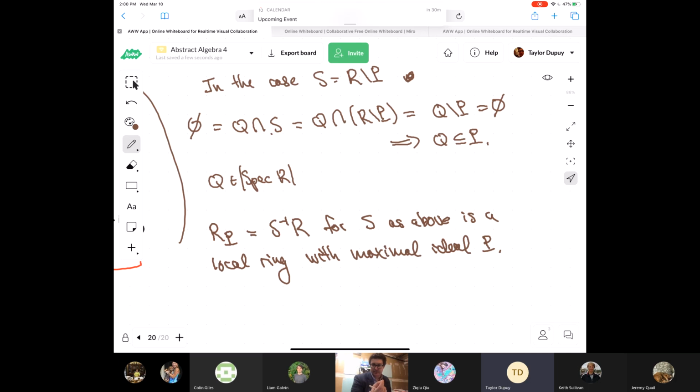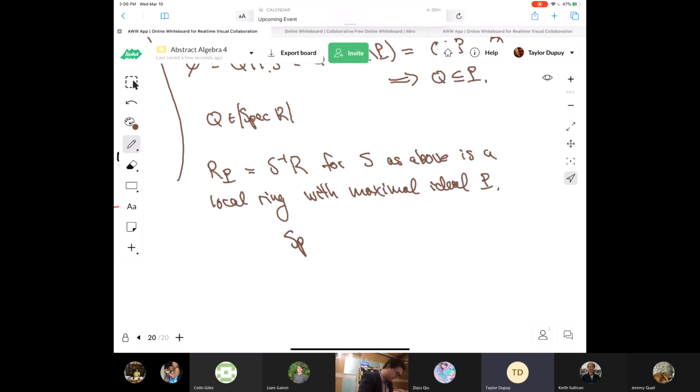There's only one maximal ideal in spec of R mod P. So spec of R mod P has only one bottom point.